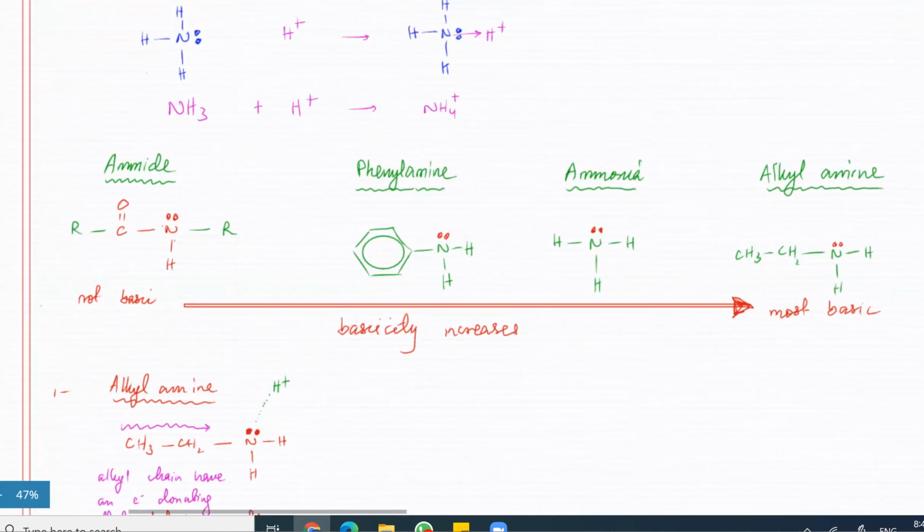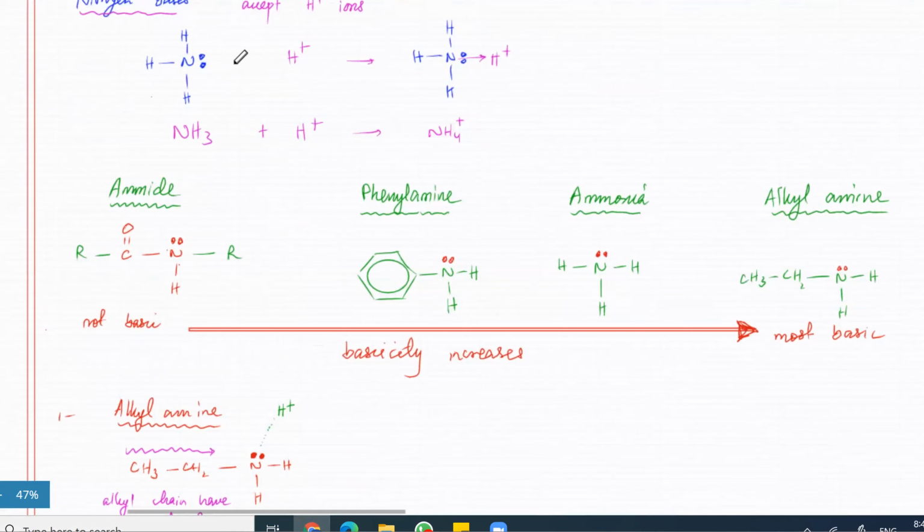Nitrogen has lone pairs, except for amides. Amides are not basic because the lone pairs get completely attracted by the oxygen next door, and they're not available to attract H+. The lone pairs are the ones that accept H+ ions, so amides are not basic.